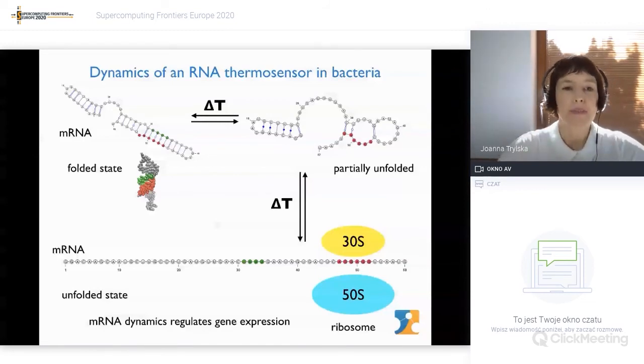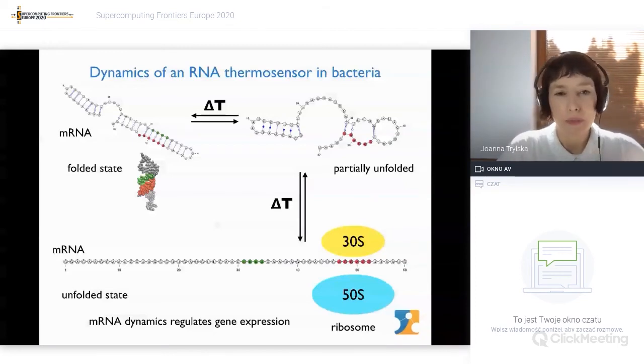So what happens if you look on the left-hand side and see this red part of the RNA sequence of the mRNA fragment? This red part, in order for the proteins to be expressed, needs to be accessible to the ribosome. So the ribosome needs to sit over the small and large subunit, that red part.